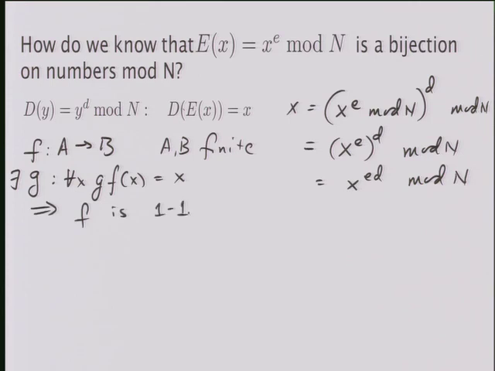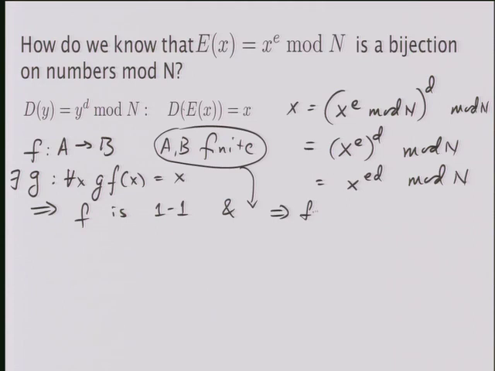Does everyone believe this? And I claim that if A and B are finite and f is 1 to 1, then this implies that f is also a bijection.